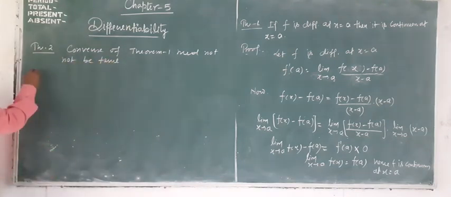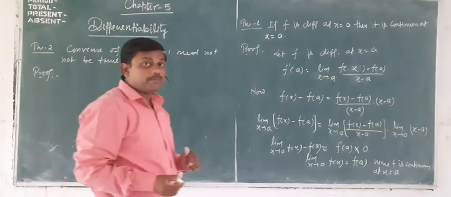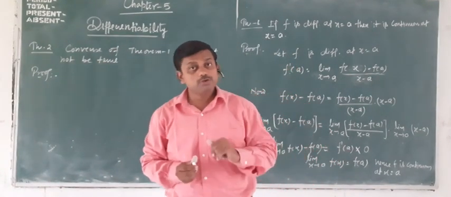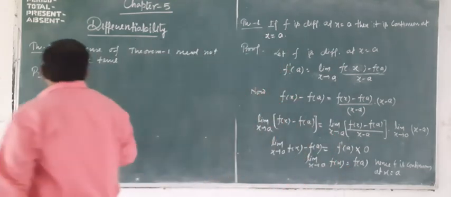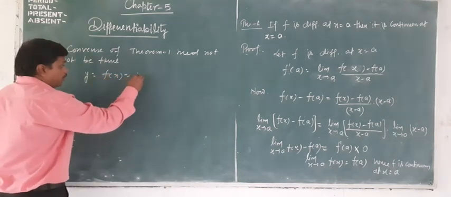So I am taking one example and checking. The example is a function which is continuous at a point, and we will show that the function is not differentiable at this point. So I am taking the function y equal to f(x) equal to mod x.